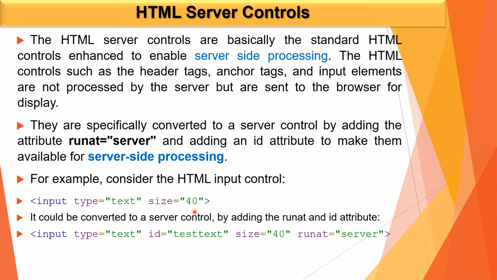Now we are concerned with ASP.NET, which is a server-side language. So by adding the runat and ID attributes, we can rewrite the same HTML input statement as a newly created server control input statement.